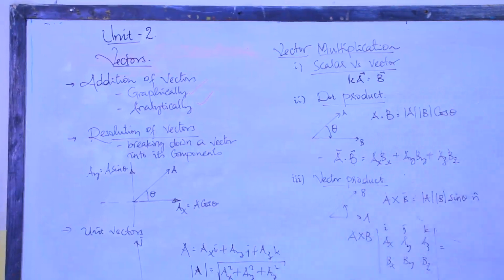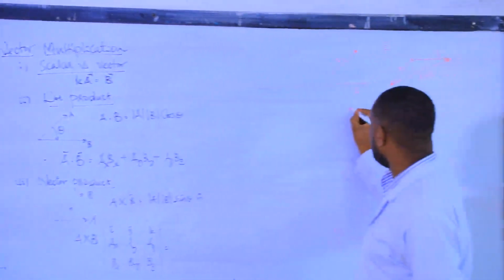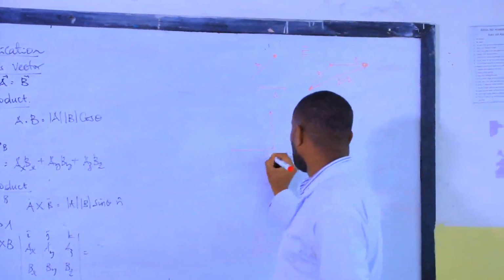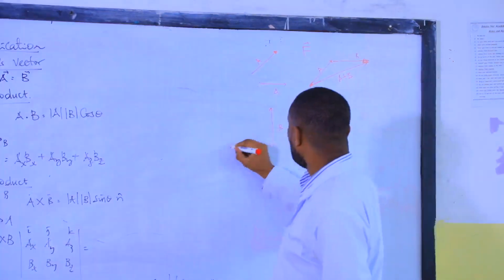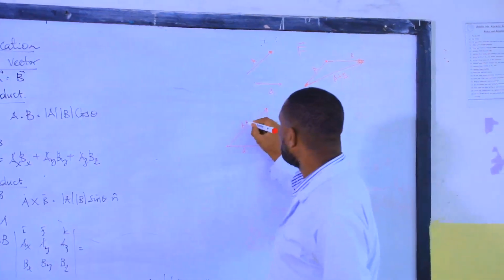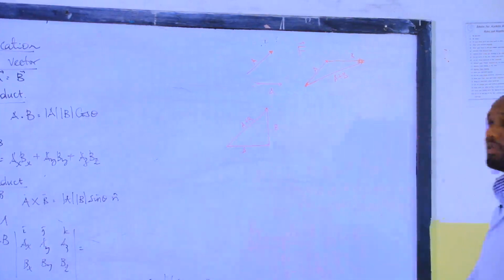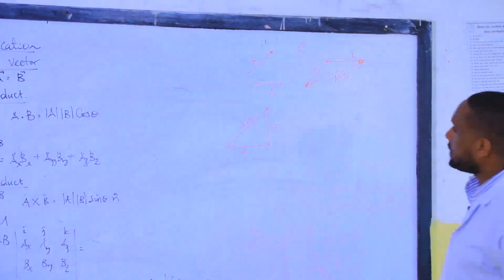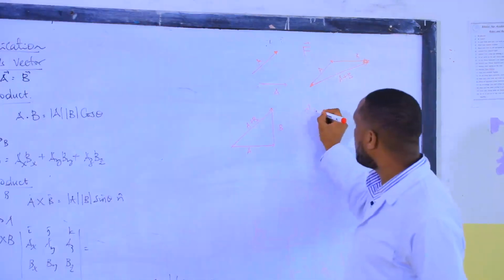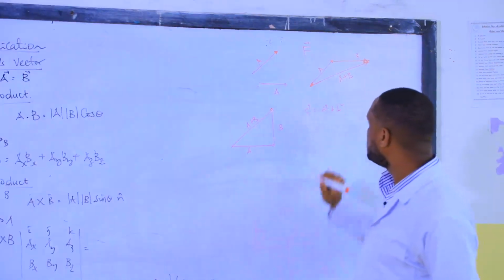And if the two vectors are perpendicular to each other, for example, in this way, so this is A and B, the resultant can be determined by using Pythagoras theorem and trigonometry. From Pythagoras theorem, you know that C squared is equal to A squared plus B squared for a right angle triangle.